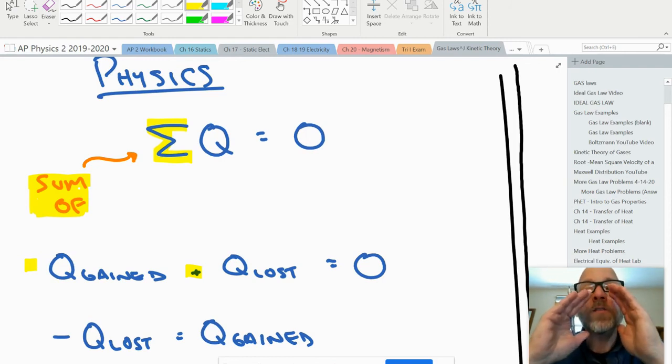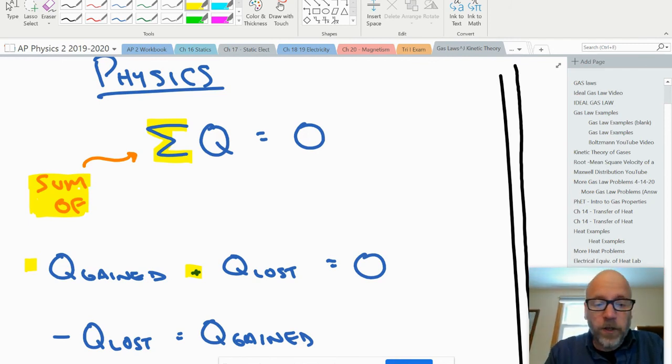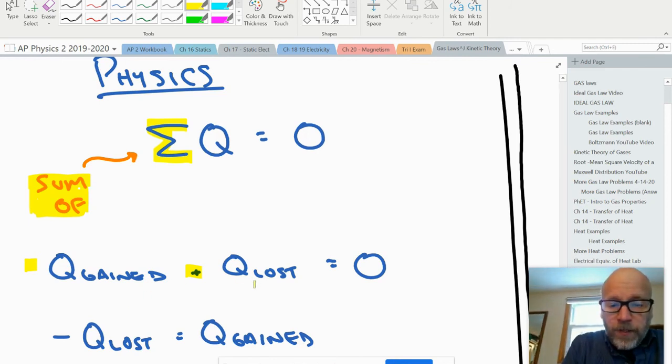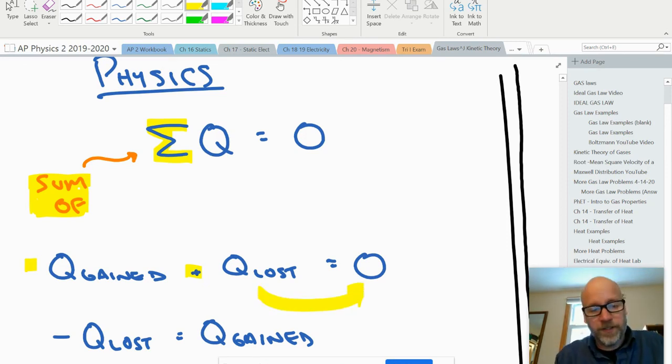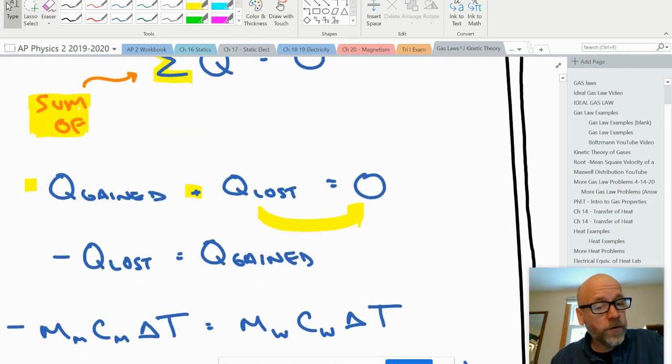I know the heat loss will end up being negative. Now, I do a little bit of algebra. I bring the heat loss over to the other side, and I would say the negative heat loss is going to be equal to the heat gained. So I just changed the order.